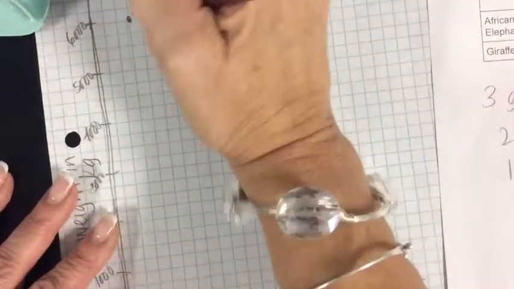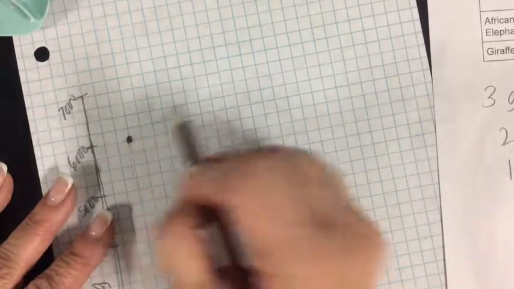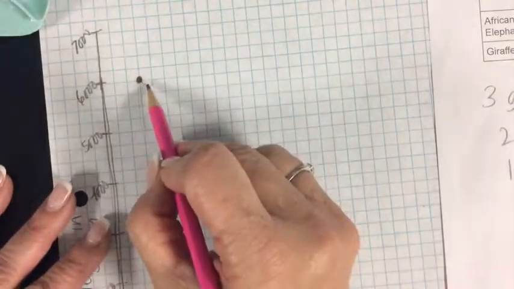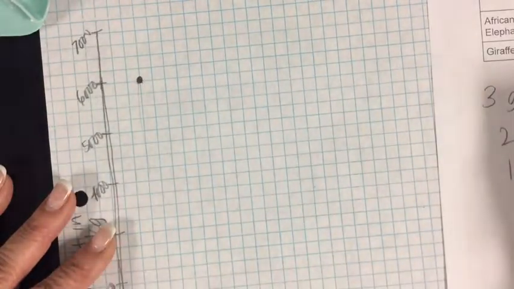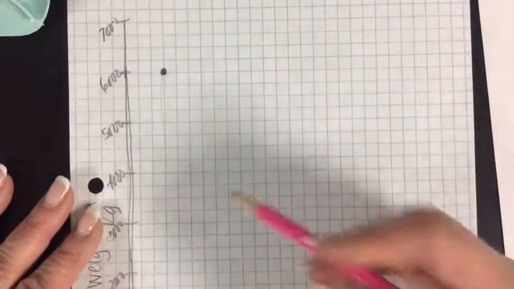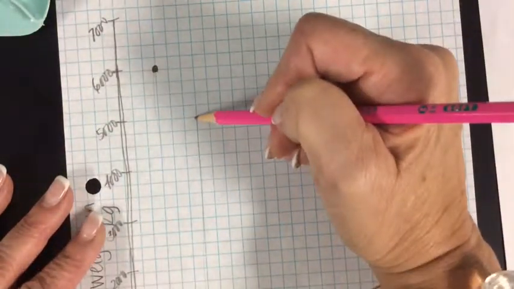And I'm going to make this brown so that I remember to connect it to the next data point in brown. And maybe I'll do 2 data points. So I'll do the next data point for the African elephant, 5,980. So 2012, 5,980.